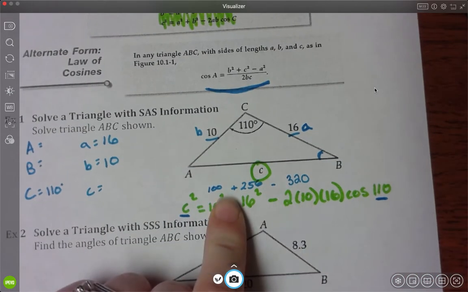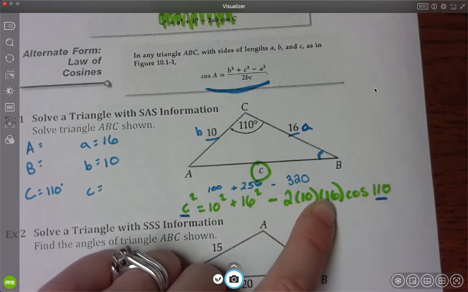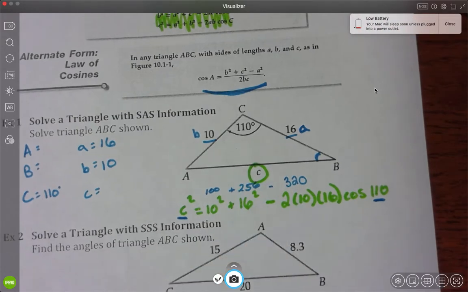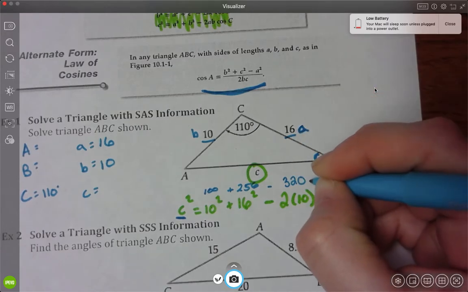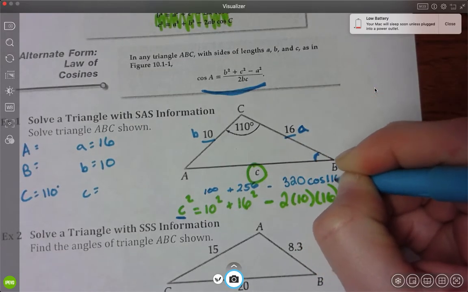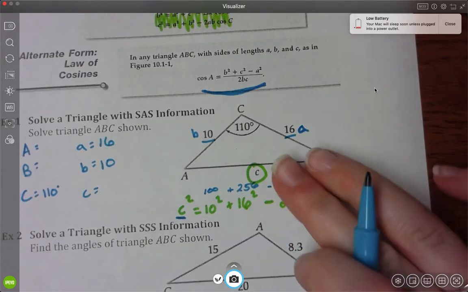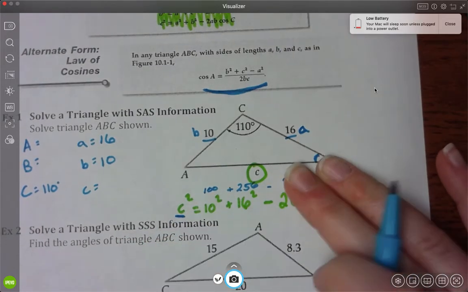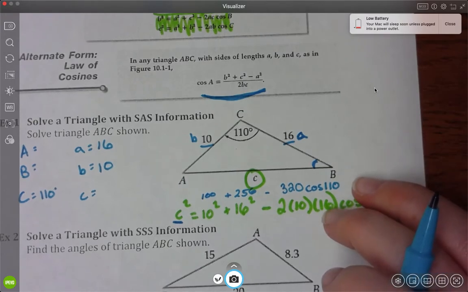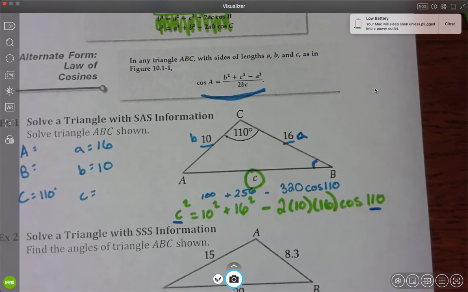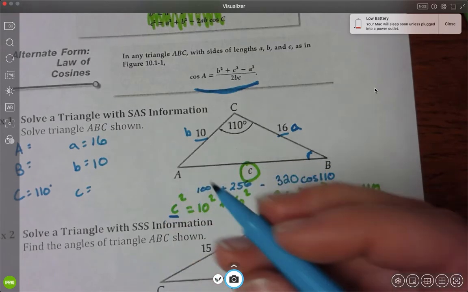They'll say 100 plus 256 minus 320, and write that all as one piece. Now here's the problem though. Cosine of 110 is attached to the 320. So you can put the first two together, but you cannot combine that with them until you've multiplied by the cosine of 110.